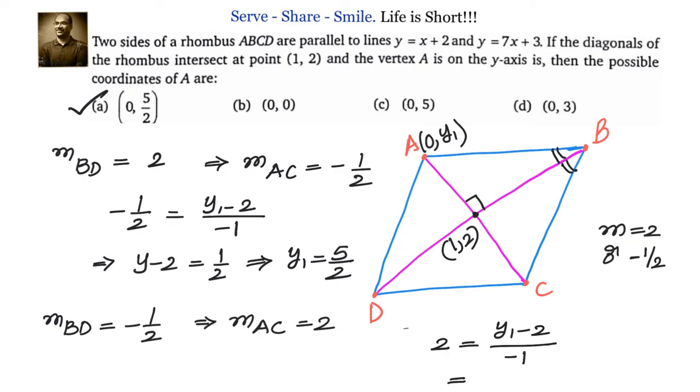Simplifying, we'll get y1 equals 0. So the other option we can have for A is (0, 0), since we know that A is a point on the y-axis. So the correct options are A and B.